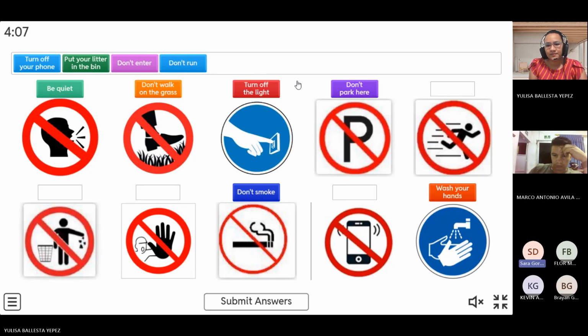Maybe when you leave a room or a place. Yes, very good. When you are going to another room and you are not going to be there for a long time, you have to turn off the light. Yes, very good. Let's continue with Kevin.